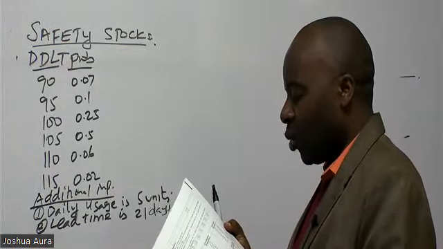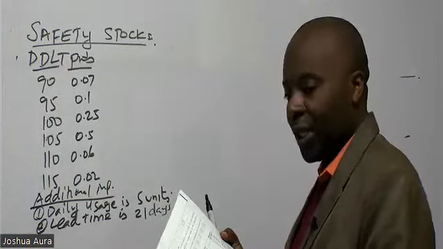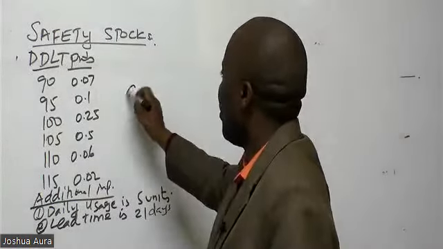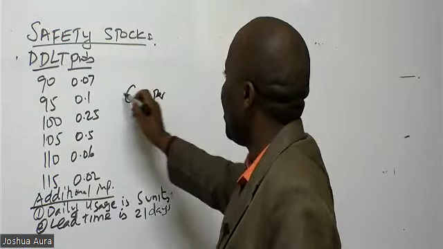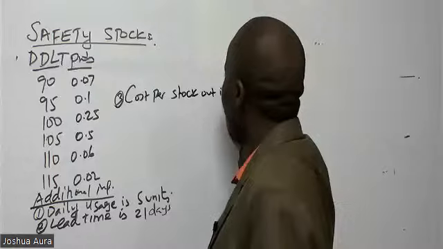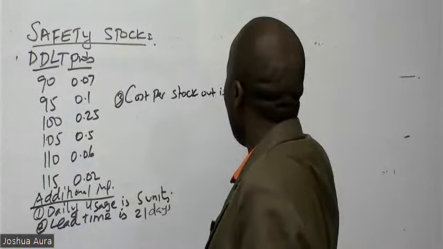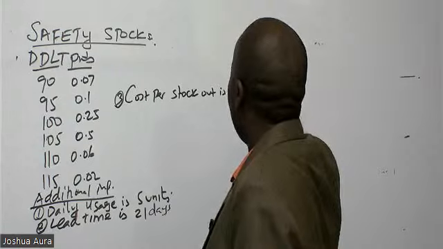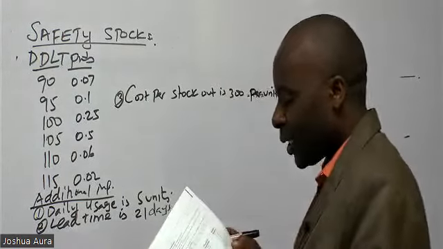Cost per stock out is 300 per unit. Cost per stock out, this is number 3. It is 300 Kenya shillings per unit. That's cost per stock out.